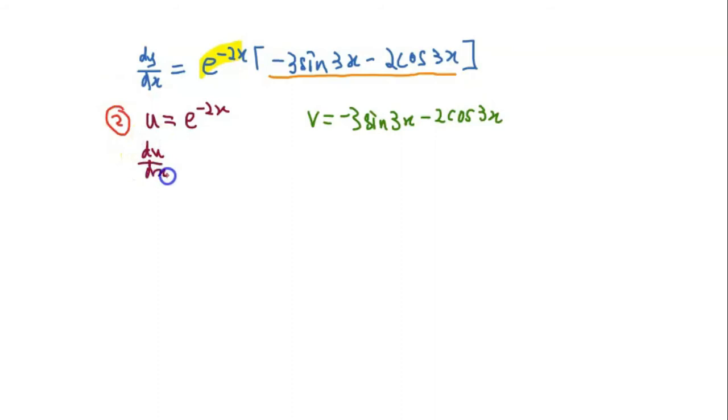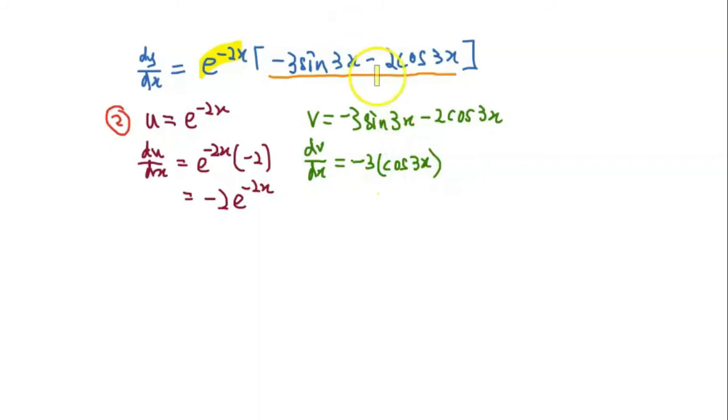Differentiate u with respect to x: copy back the exponential function and differentiate its power negative 2x, which equals negative 2, so u prime equals negative 2 e to the power of negative 2x. Then we differentiate v with respect to x. Negative 3, differentiate sin 3x equals cos 3x, differentiate its function 3x equals 3.